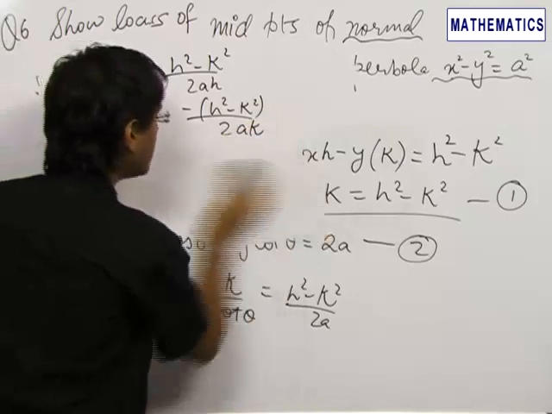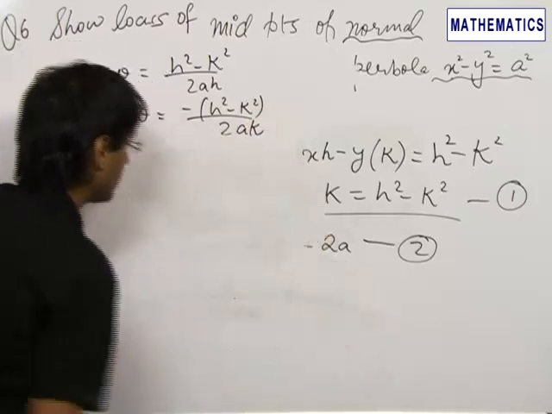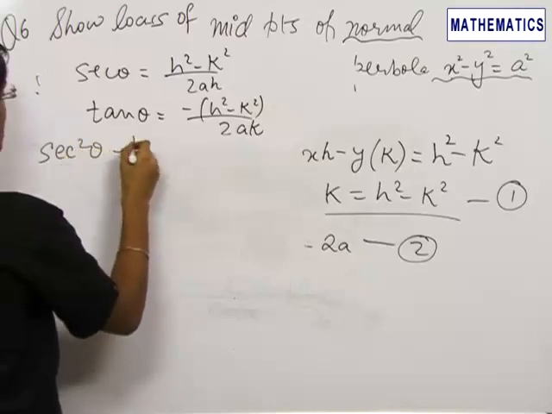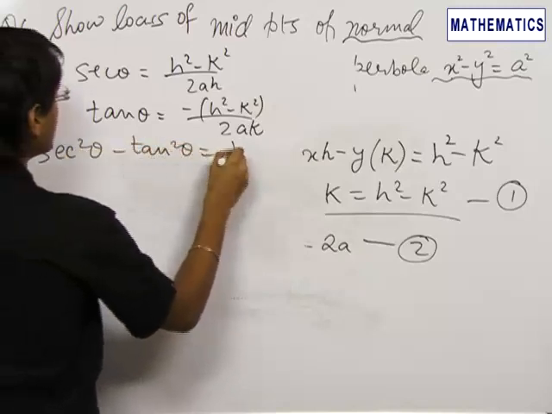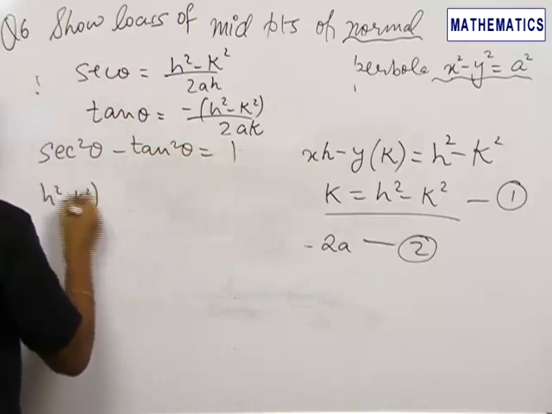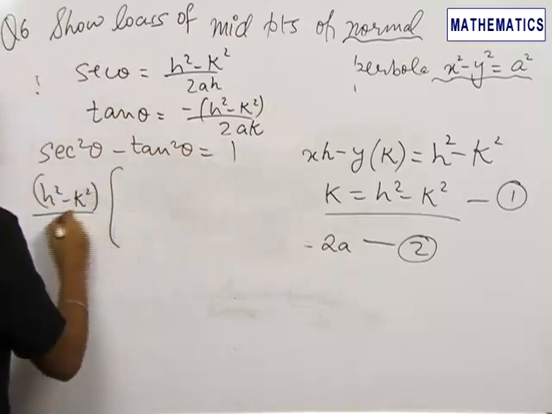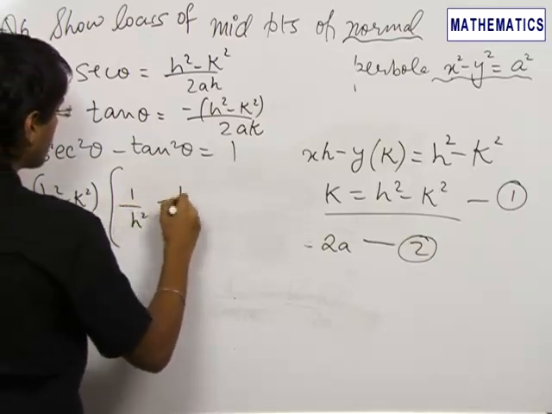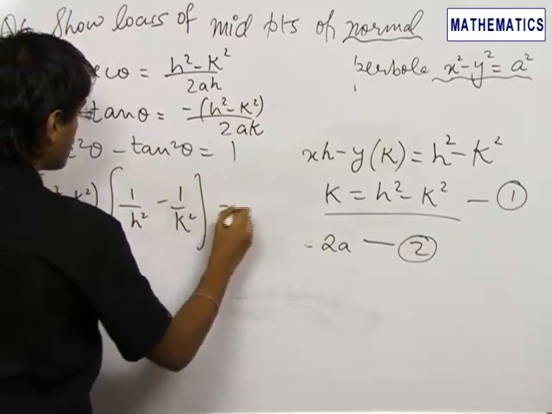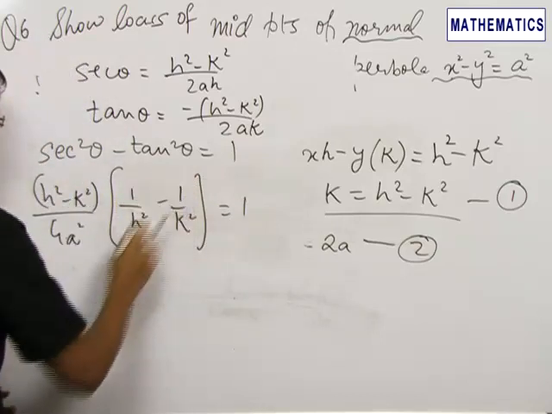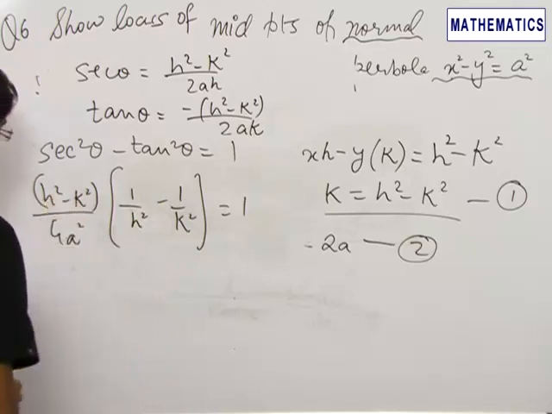And now we can very easily use sec square theta minus tan square theta is equal to 1, that is h square minus k square whole square upon 4a square into 1 upon h square minus 1 upon k square is equal to 1. On taking LCM, this becomes k square minus h square upon k square h square.